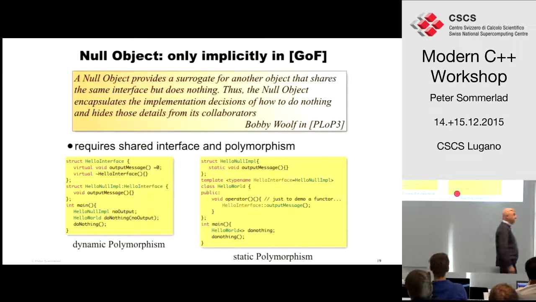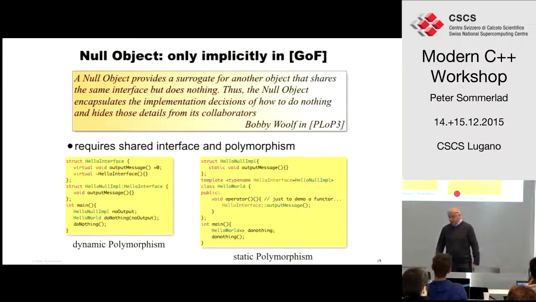Another pattern that's in the Gang of 4 book, but doesn't come up in the index, it's in the text, is called the null object. When we have something like the strategy class, you might come up with a default case where you say, okay, that's the regular behavior. The regular behavior very often means just do nothing.